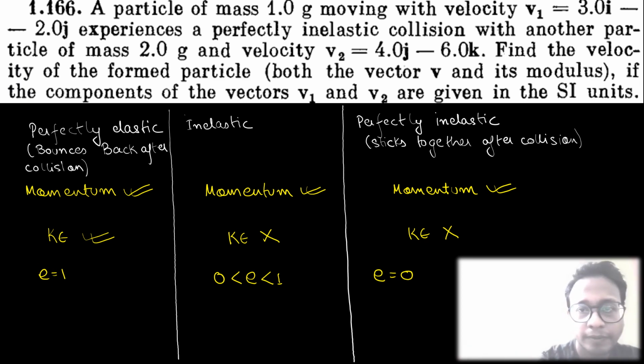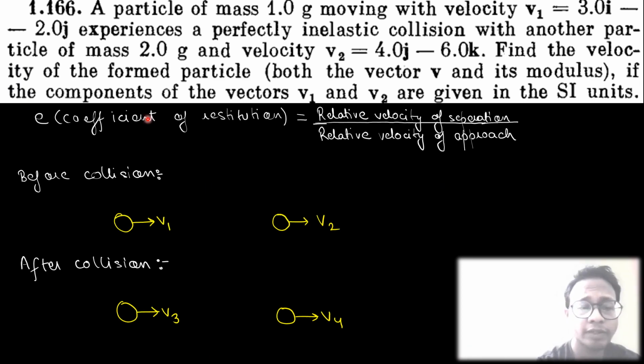Coefficient of restitution is nothing but the relative velocity of separation divided by the relative velocity of approach. Separation occurs after collision. Relative velocity means you have to take the frame of reference on any one of the bodies. Suppose we take the frame of reference on this body.